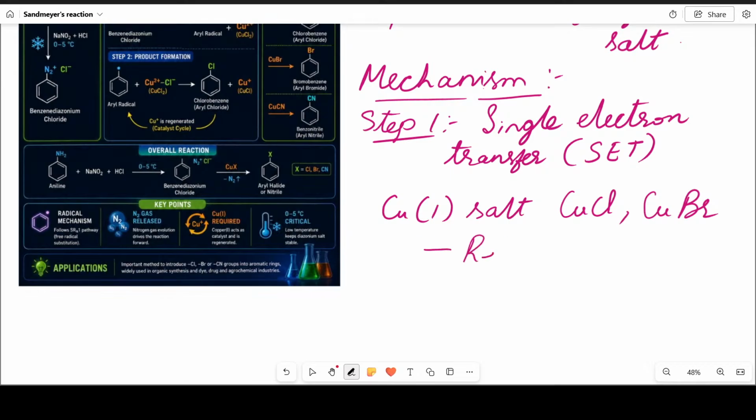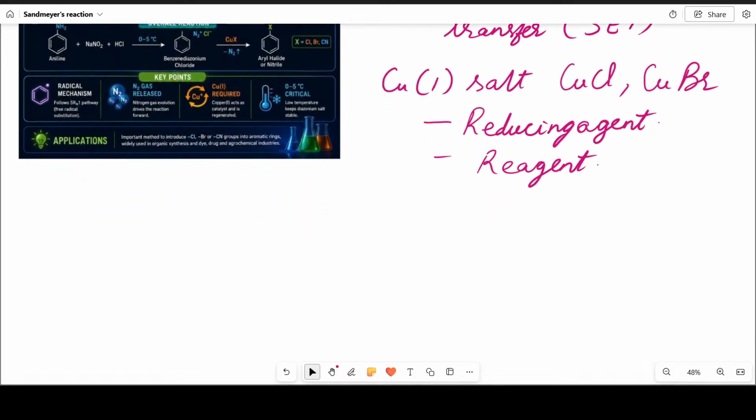It's an excellent reducing agent, and it also acts as a reagent and a catalyst as well. What it does is donate an electron to the arene diazonium ion, that is, the benzene diazonium ion.